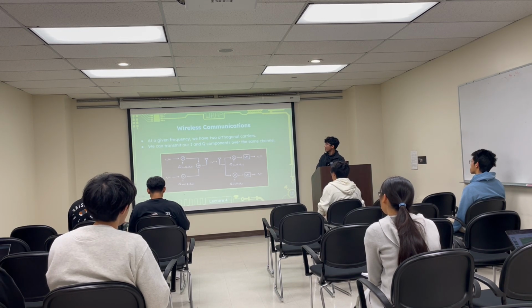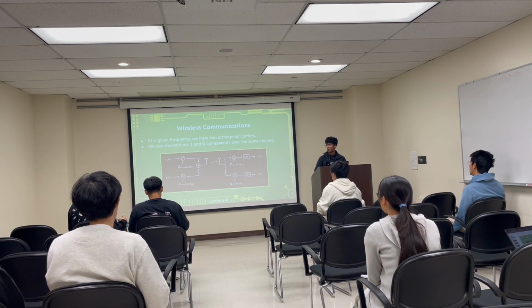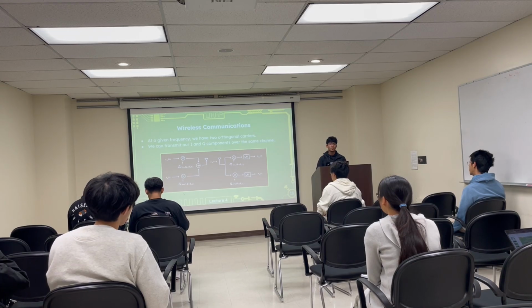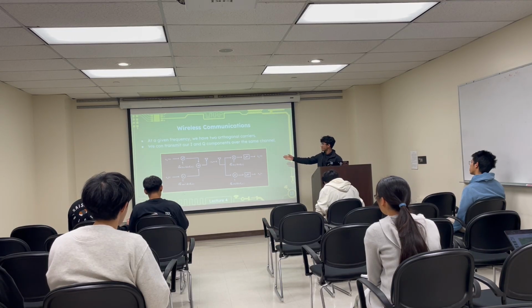At a given frequency, another thing I discussed last time is that we actually have two orthogonal carriers that we can use, which is important because when we transmit symbols, in general we have in-phase and quadrature components. In the BPSK scheme we use, the quadrature component is always 0. But the reason we want to do this is because you'll see later that we need both the I and Q components in order to properly synchronize the transmit side and the receive side.